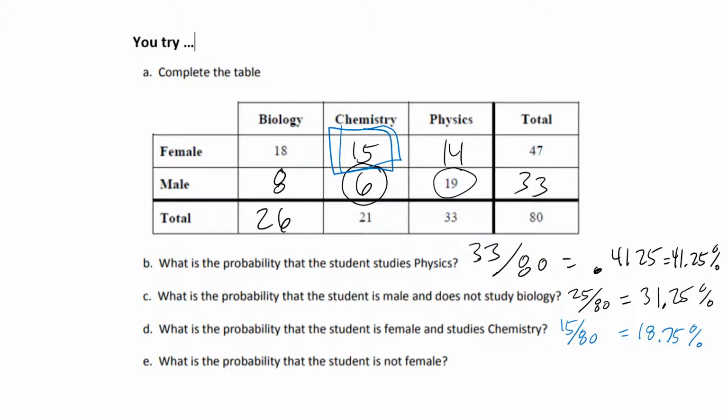And then finally, what is the probability that the student is not a female, which means the student is a male? So that's 33 out of 80, 41.25%.